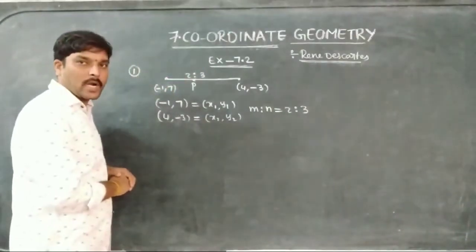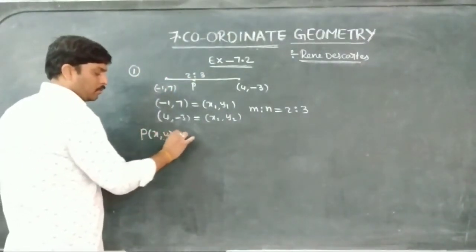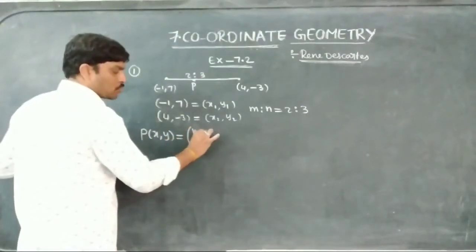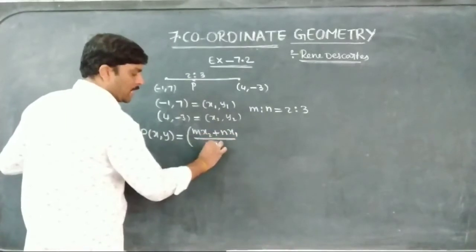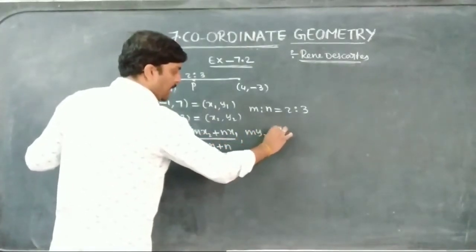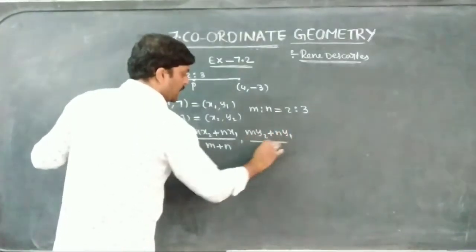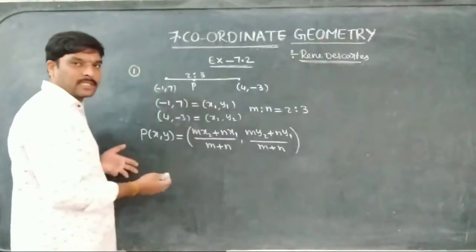Now find the coordinates of P. P (x, y) is equal to (mx2 plus nx1) by (m plus n), (my2 plus ny1) by (m plus n). With the help of this formula, we will do the sum.